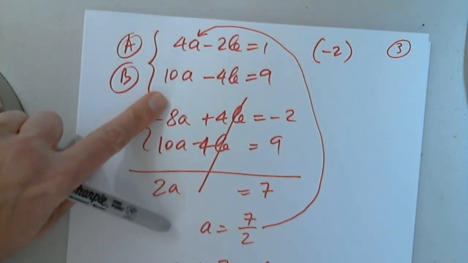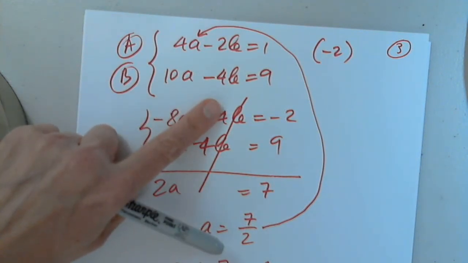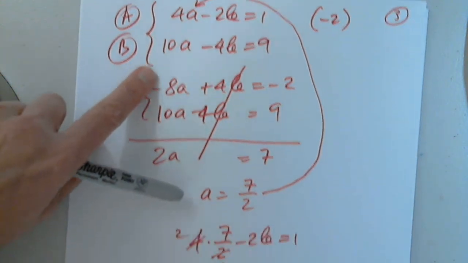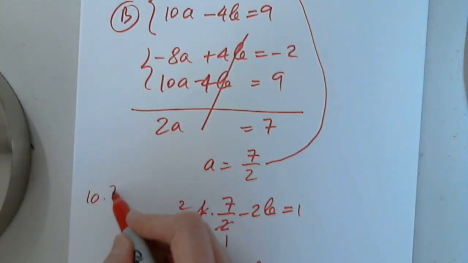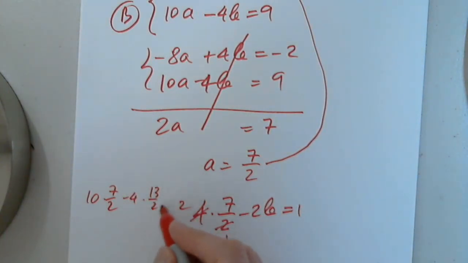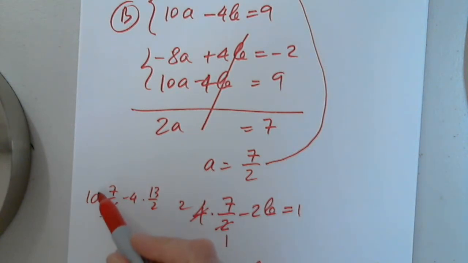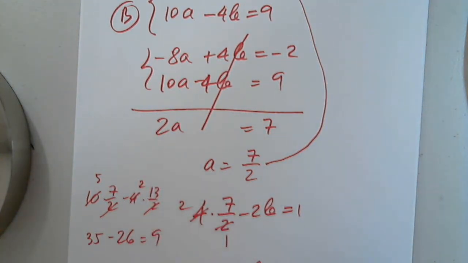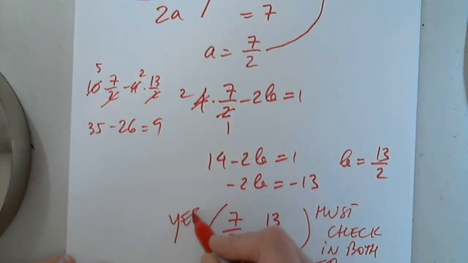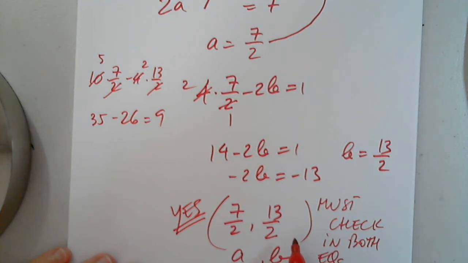So I have 10 times 7 halves minus 4 times 13 halves. So this is 35 and this is 26. Yes, it is 9. So good. Check. Only now I can say yes. For sure. I checked in both. Both work. This must be the solution.